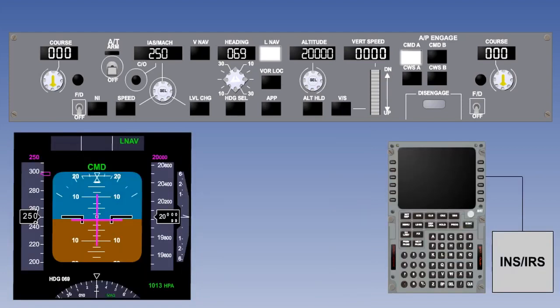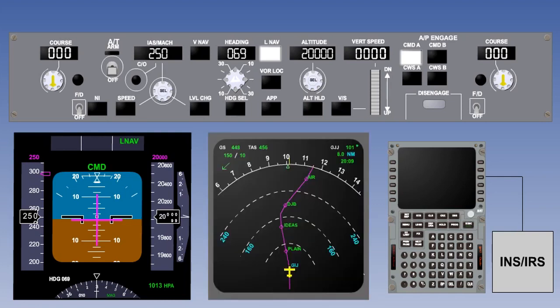To navigate the aircraft, the flight management system needs the support of an inertial navigation or inertial reference system. The inertial navigation system knows where it is, and the flight management system knows where it is going.